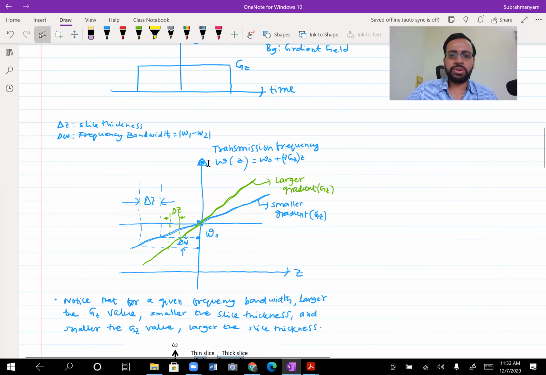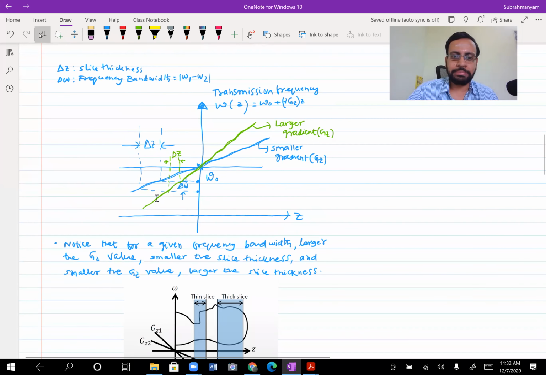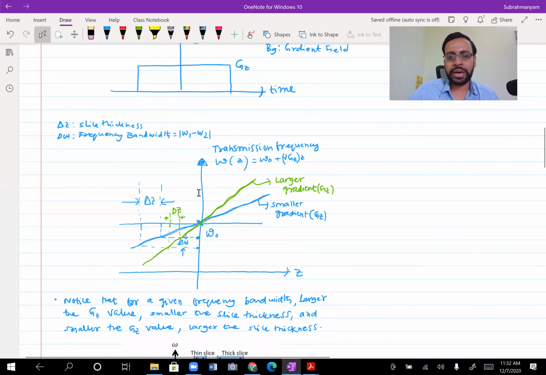Say for example, GZ. What is it that I'm plotting now? You consider this as the Z axis. GZ into Z is added to omega naught. Gamma times GZ into Z should be added to gamma times B naught, which is omega naught. That will be something like this.